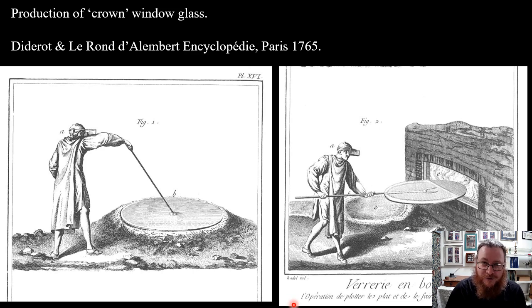And then after that, the crown of glass is removed and it's clearly put down, excuse me, onto something else. A board perhaps, I don't know, or a board covered in pressed sand. It's not really very clear. And then is placed into the annealing oven for its final tempering.